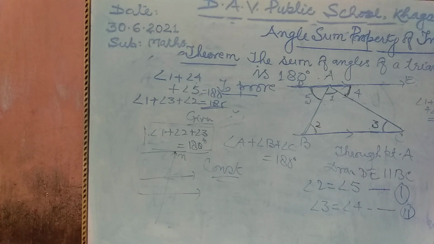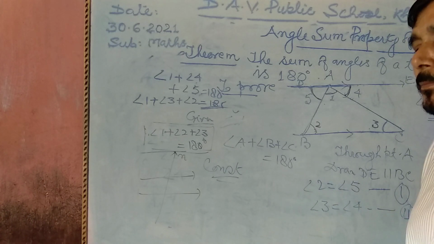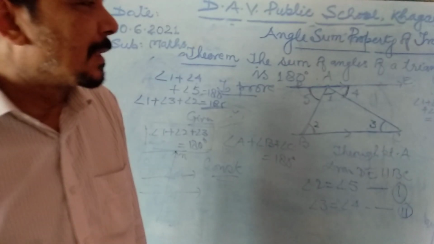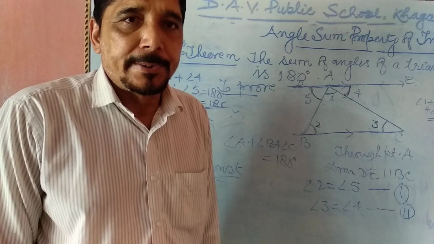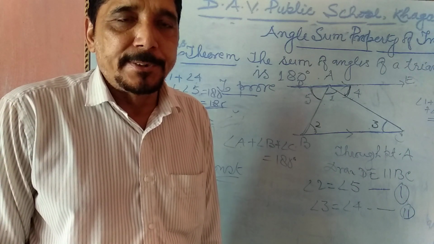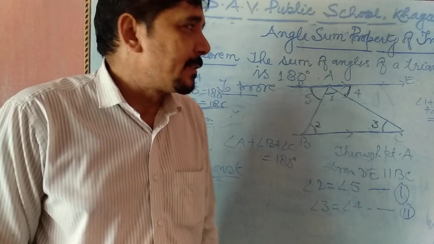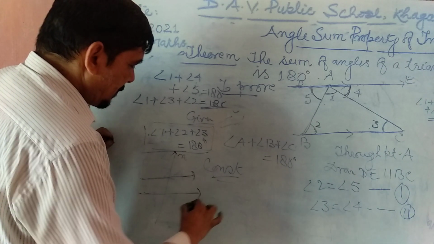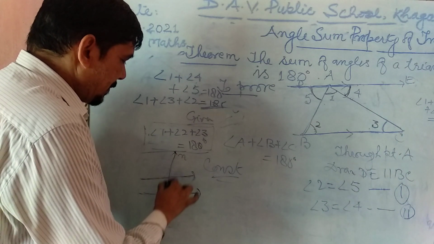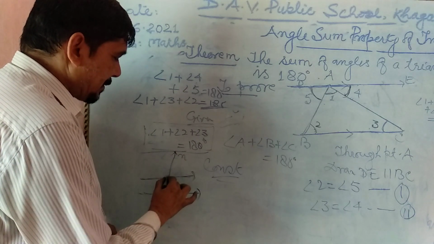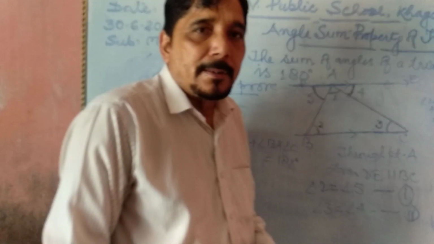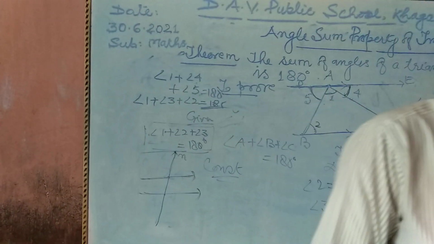Now recall the statement of transversal axioms. You would have studied transversal axioms. It is for only two parallel lines. If there are two parallel lines given and a transversal intersects these two parallel lines at distinct points, then there are three results which hold good.